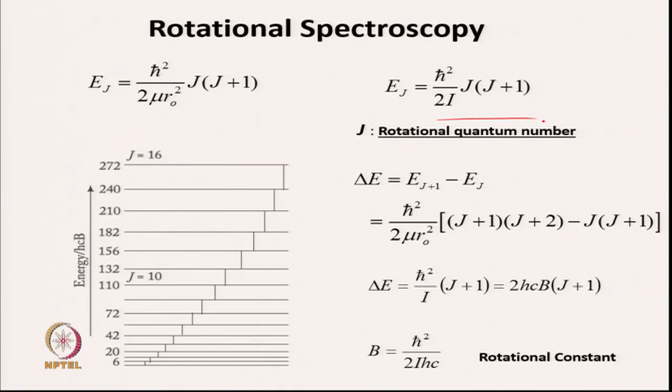So, we can calculate the difference between two consecutive energy levels from j to j plus 1, and that comes out to be 2hcB(j plus 1), where B is equal to h bar square by 2Ihc. Here it is in units of joule.